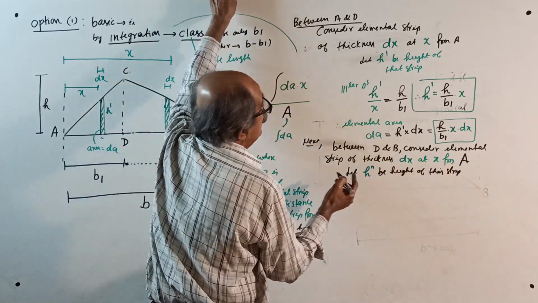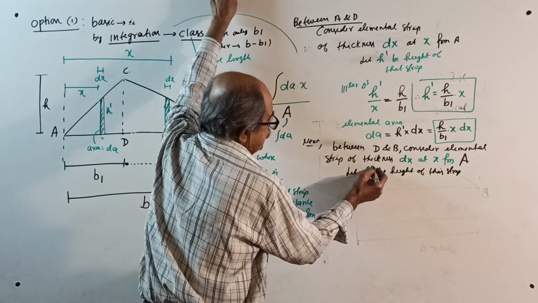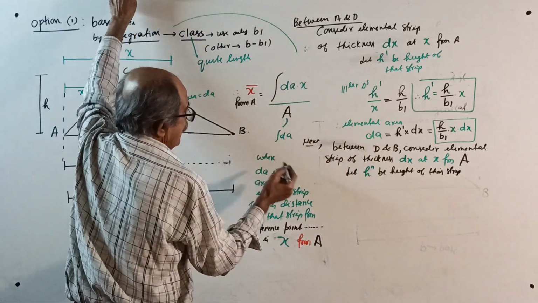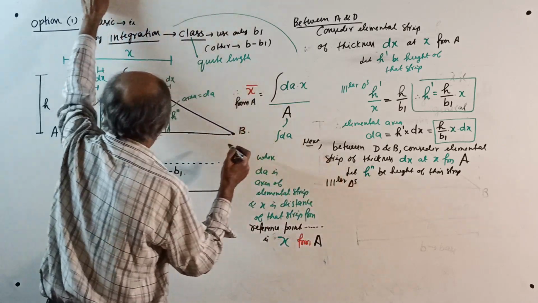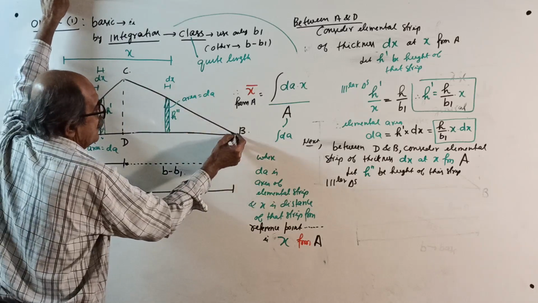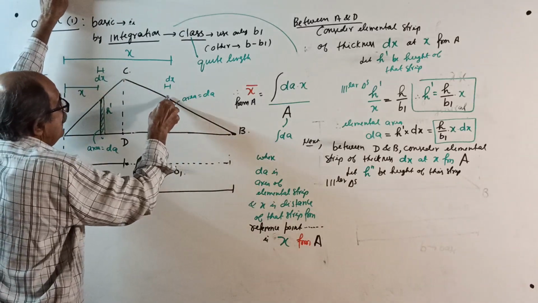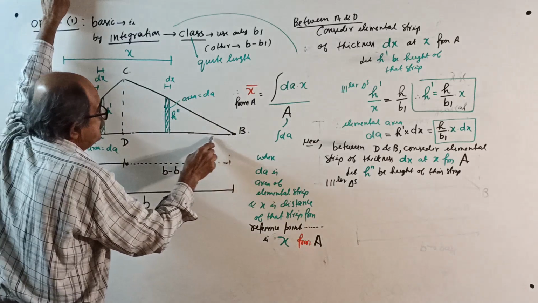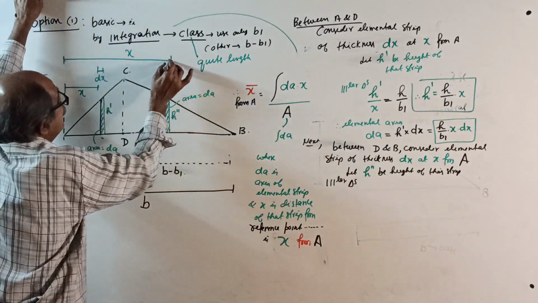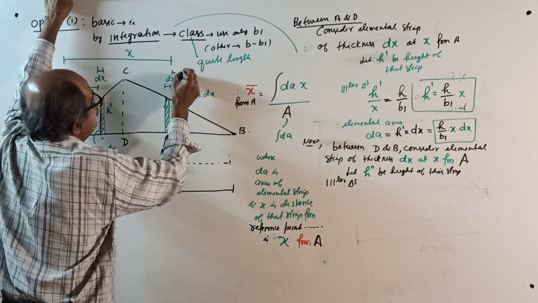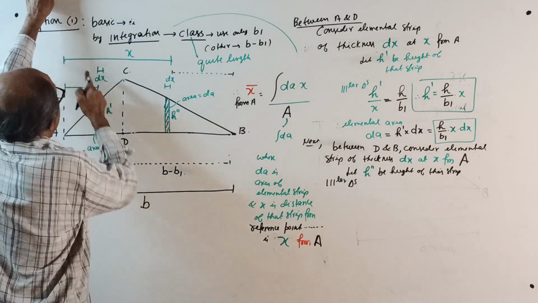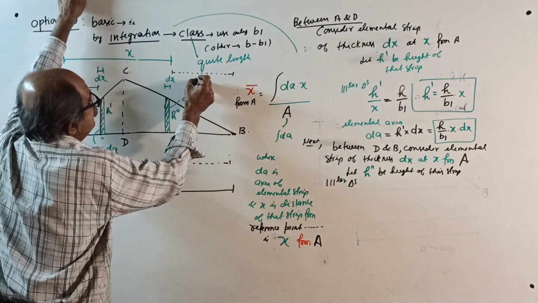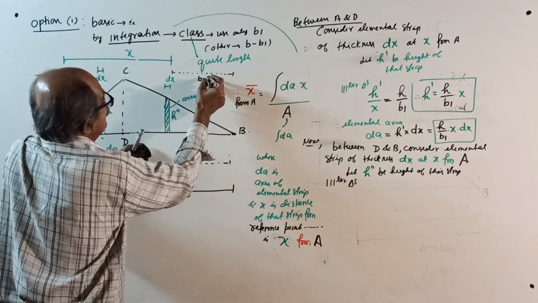Now get h double dash with respect to x. Again from similar triangles. Now you should stand here only. H double dash divided by this distance. When this is x, and the total is b, this distance is b minus x.